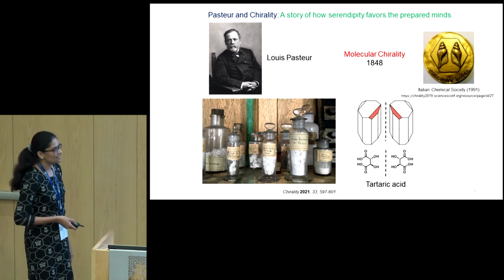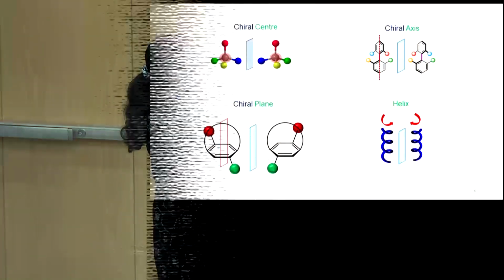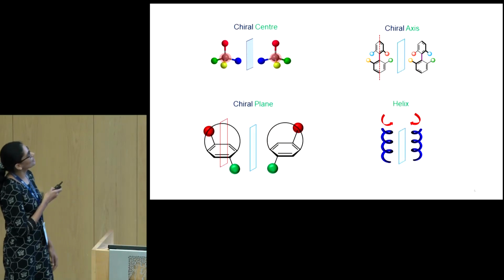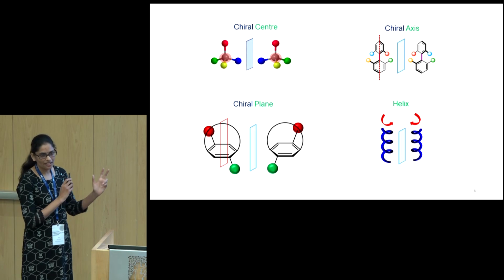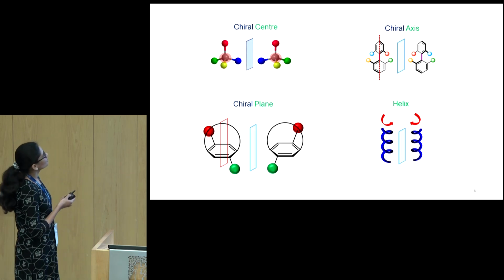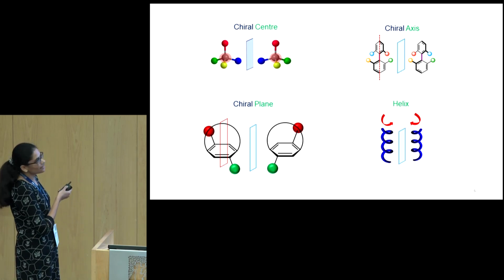Next, I want to show you quickly how you understand chirality in a molecule. When I talk about the term chirality, what I want all of you to look for is asymmetry. Suppose you see this center ball, it is surrounded by 4 different balls. So it doesn't have symmetry, it has asymmetry, and this is called a chiral center.